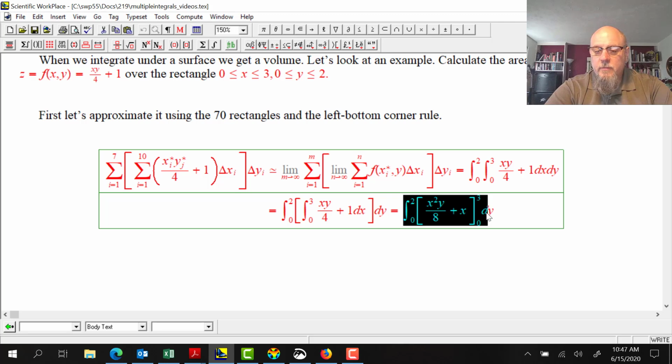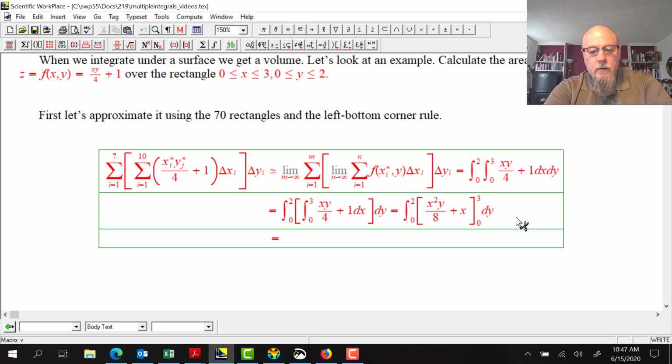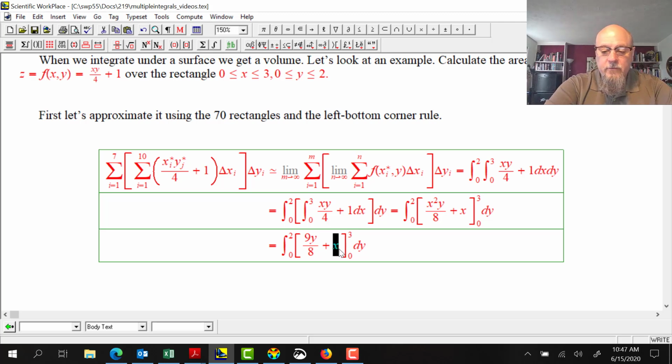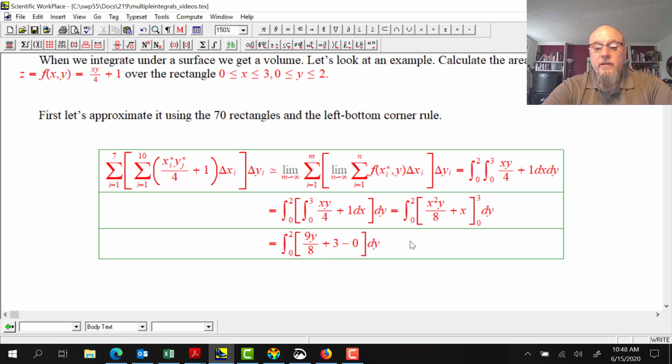This 0 and 3 are x's, so sub in the 3 for x, so that'll be 9 plus 3, minus sub in the 0 for x, so 0. Now what's left over is just plain single integration with respect to y.